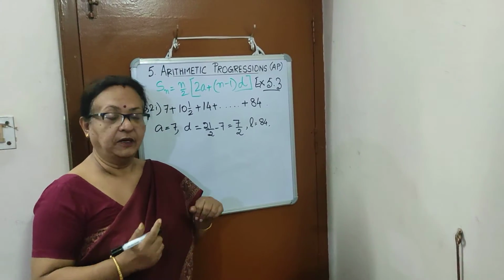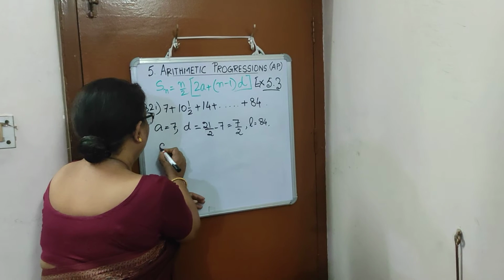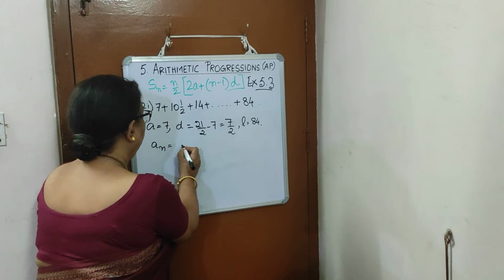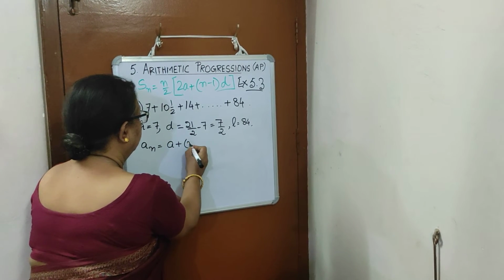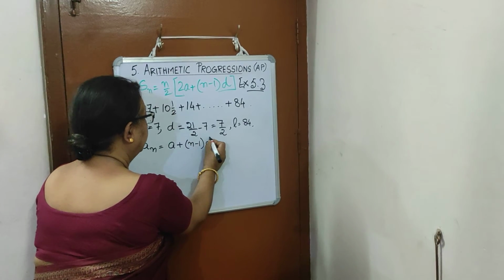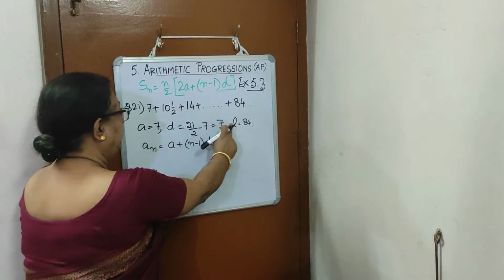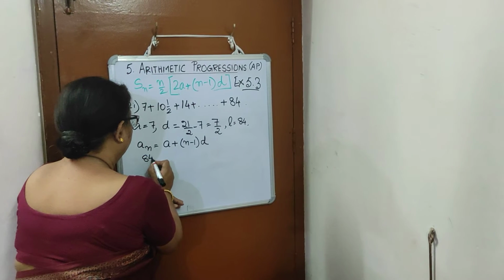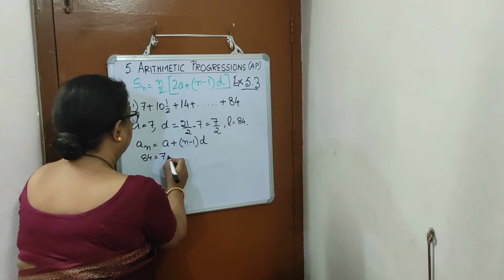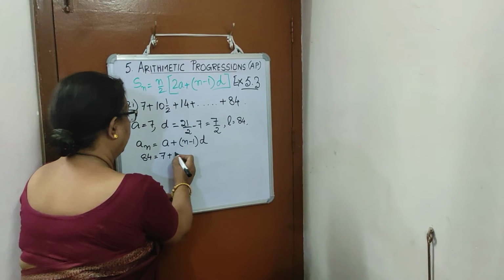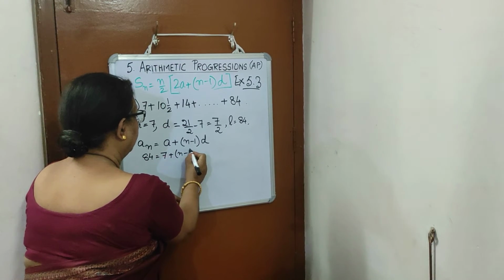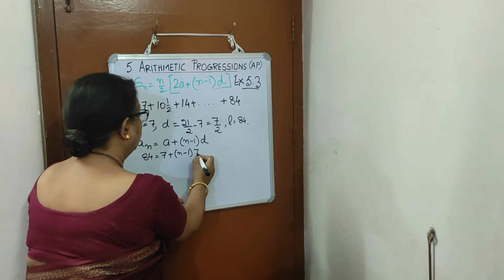We have learnt it previously. You know this one, an is equal to a plus n minus 1 d. an is the last term, 84 equal to a plus n minus 1 d. What is d? 7 by 2.